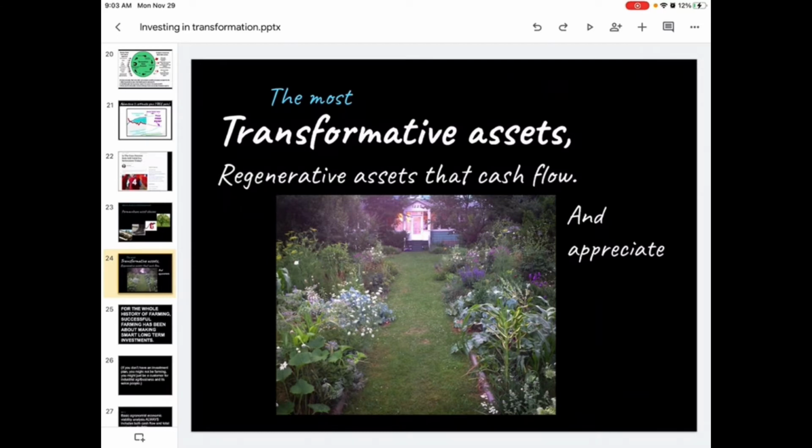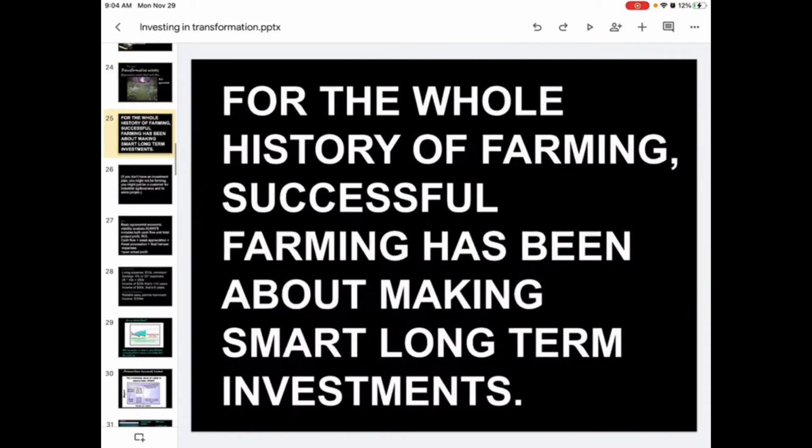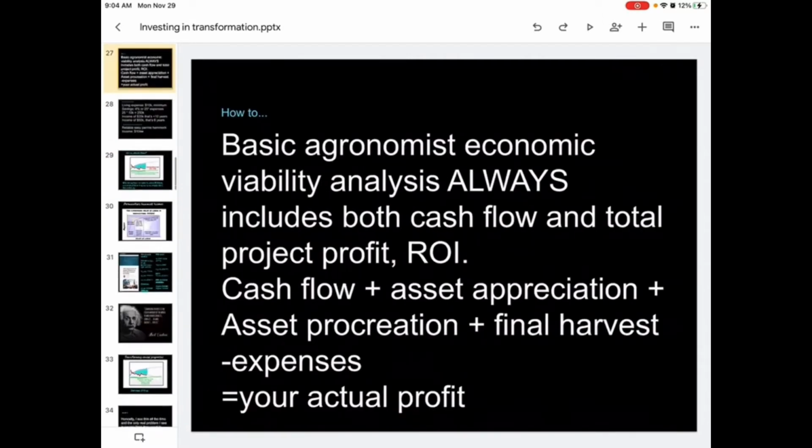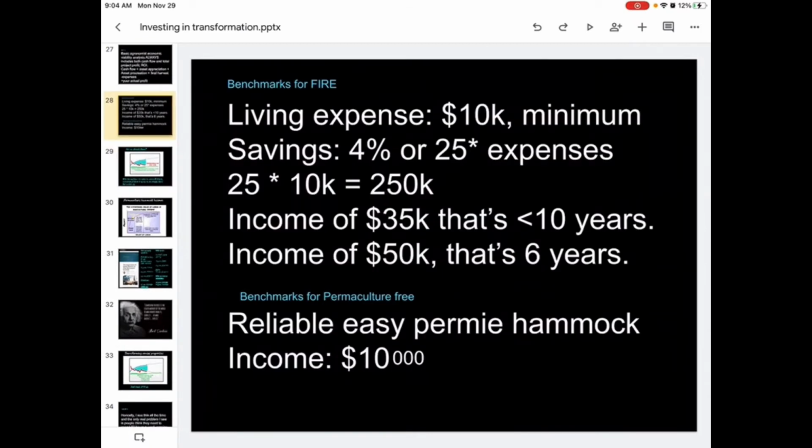Oftentimes people only focus on cash flow, meaning they're looking for jobs, they're looking for an income, but we really need to focus on building our lives around investments that both provide cash flow and appreciate. Back in the golden olden days, you used to be able to get stocks with dividends, of course. That's what we're looking for: things that will function like stocks that pay us dividends. Now, what could that possibly be? How could we find things that are societally regenerative and that also can cash flow and grow in equity?